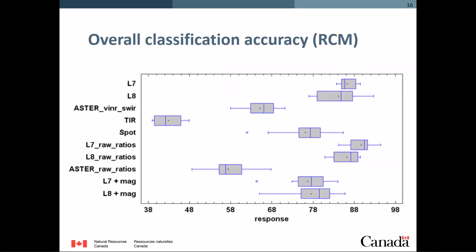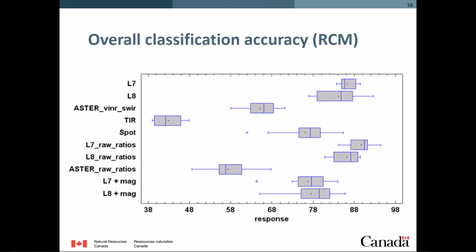This just shows you the classification accuracy when we compare our map to the check areas. And you can see that Landsat 7 and 8 raw data does very well, fairly accurate. And when we add the ratios in with the raw bands here, you can see we have good classification accuracy.